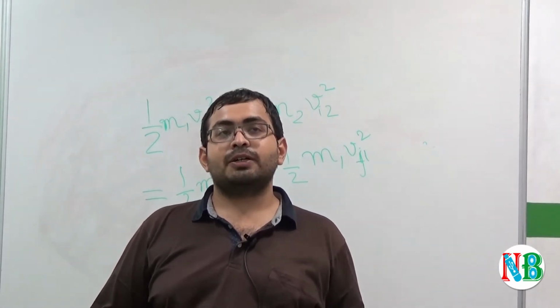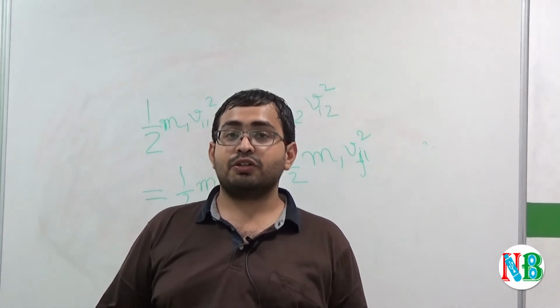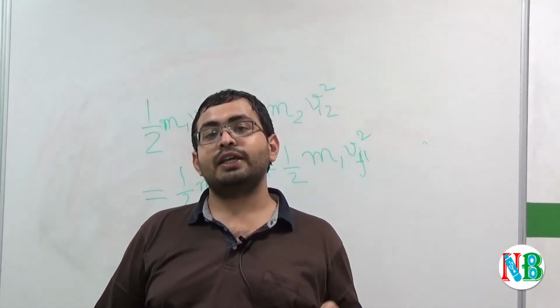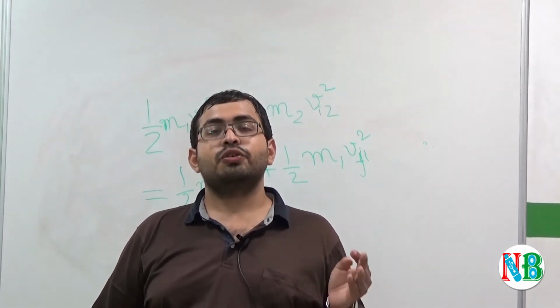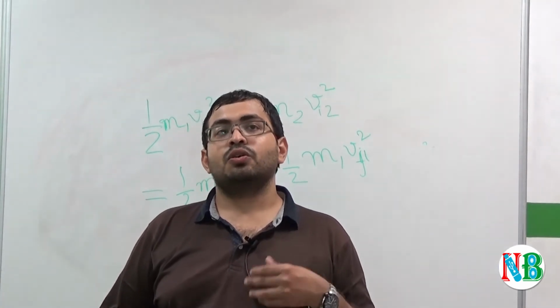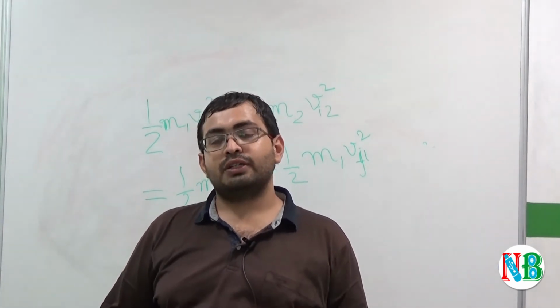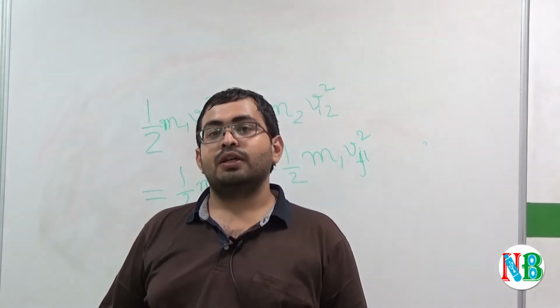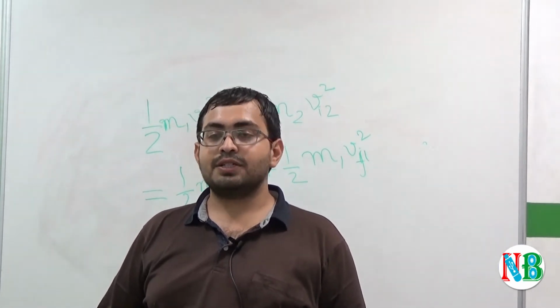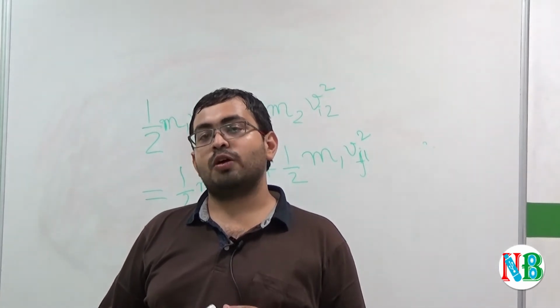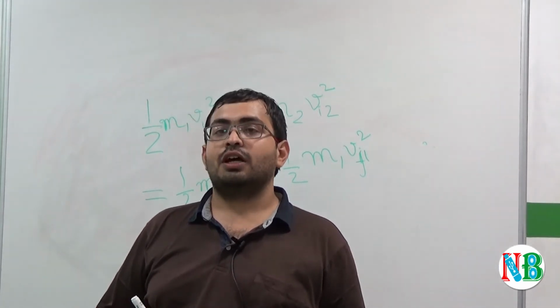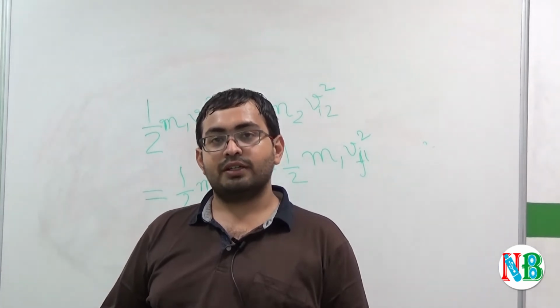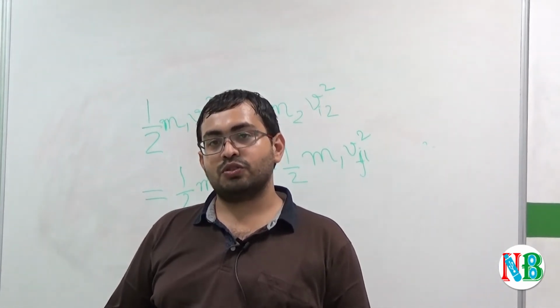There is, however, a special case of an inelastic collision called a totally inelastic collision, which is fully characterized once we are given the initial velocities of the colliding objects. In a totally inelastic collision, the two objects stick together after the collision, so that vf1 is equal to vf2.